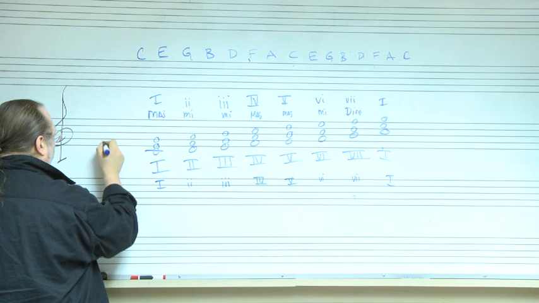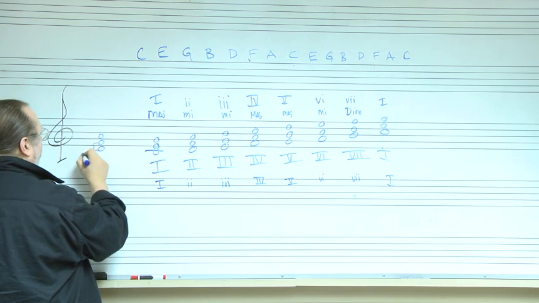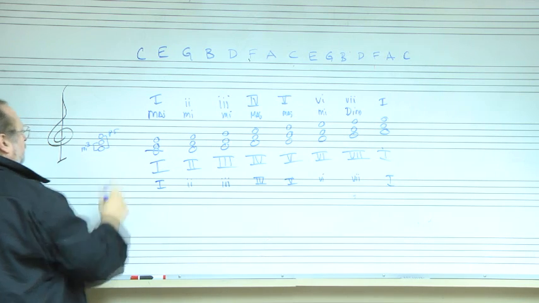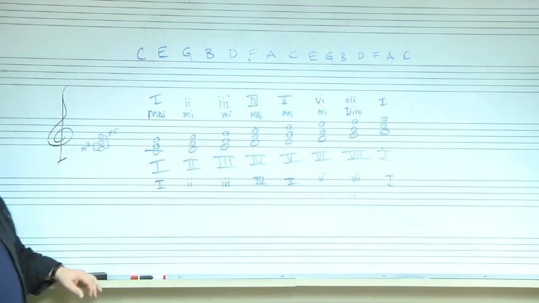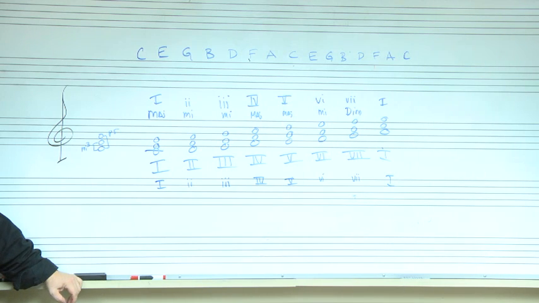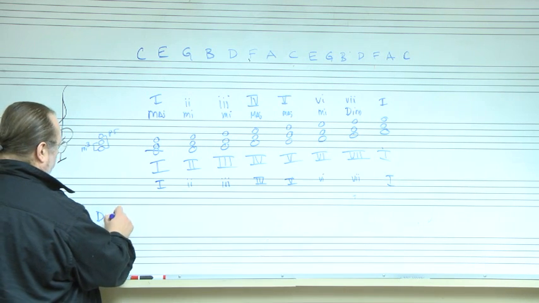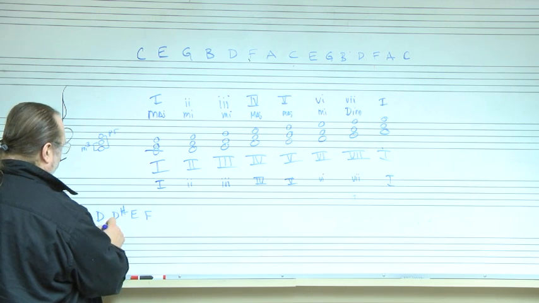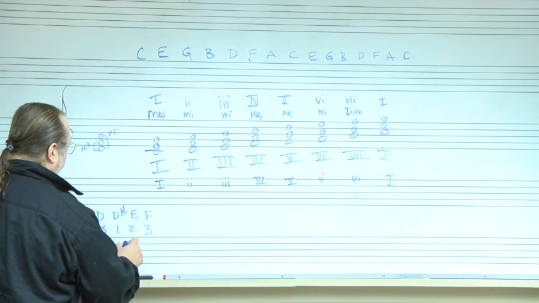The D, F, A is the next chord. D to F, that distance is a minor third and a perfect fifth. D to F is a minor third, so it makes the whole chord minor. Can you explain how you got to that? Here's D, D sharp, E, F: 0, 1, 2, 3 half steps.